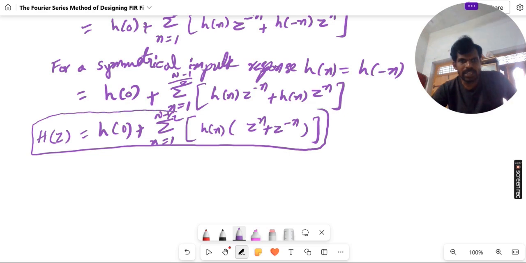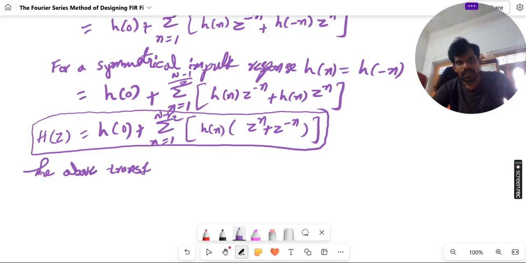To make the transfer function of an FIR filter realizable, we are going to multiply with e power minus of N minus 1 by 2. First of all, the above transfer function is not realizable.